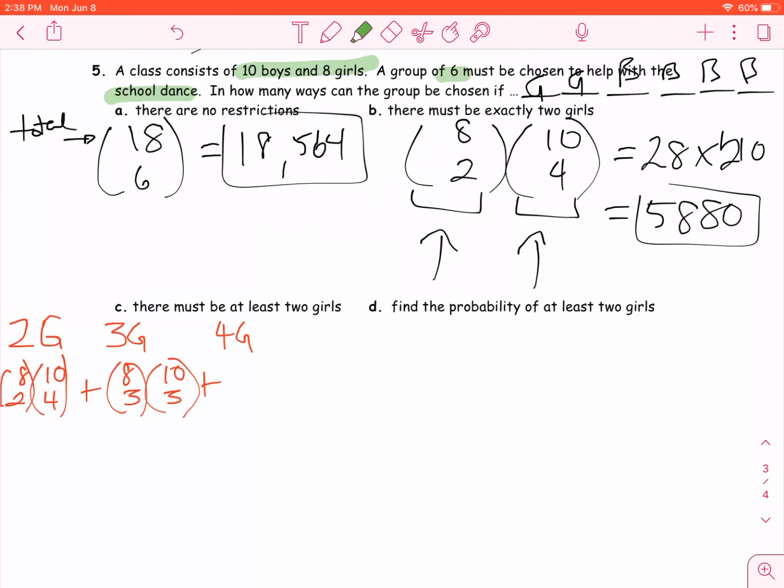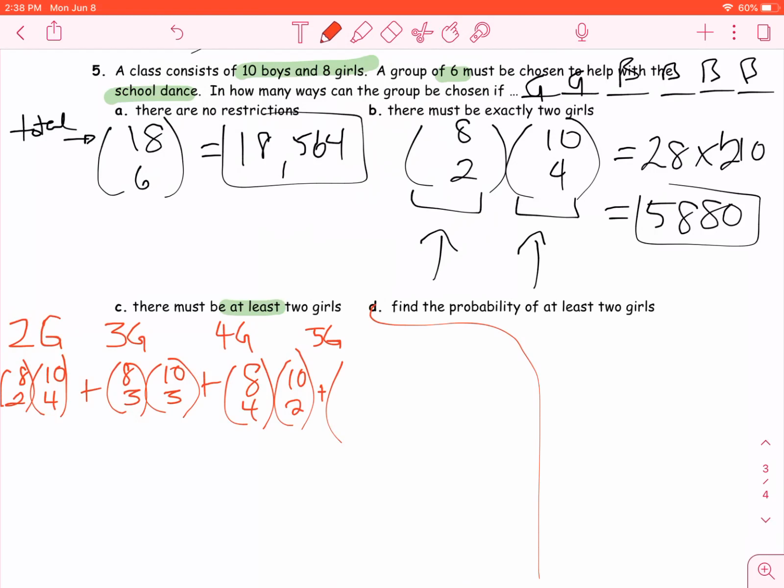And again, the reason why I'm doing this is because of that word at least. So if it's at least, we have membership of 2 girls, 3 girls, 4 girls, 5 girls, or 6 girls. With 4 girls, it would be 8 choose 4, meaning there's 2 spots open for the boys.